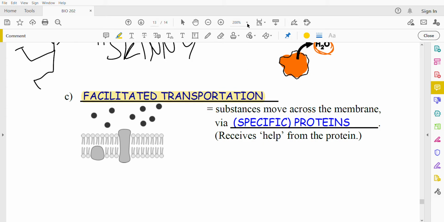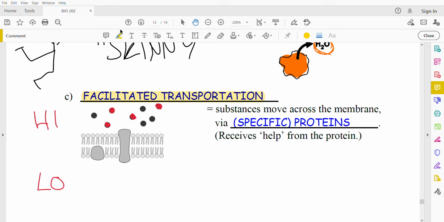In facilitated transport, we have substances that are unevenly distributed across the membrane. In this example, all of these substances are on one side. So there's going to be high concentration on this side and low concentration on that side.